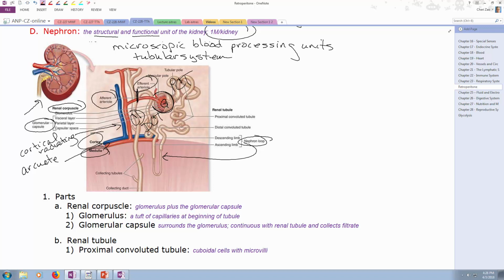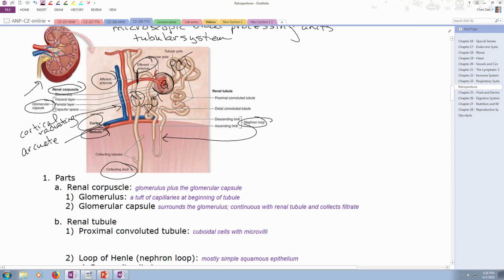As you can tell, the collecting ducts are located in our medullary pyramids. So this is going to go all the way to the tip of the medullary pyramids, and out of the collecting duct and out of the tip of the pyramid will be the final product, which is called urine. And so we have to go through the process of actually making urine.